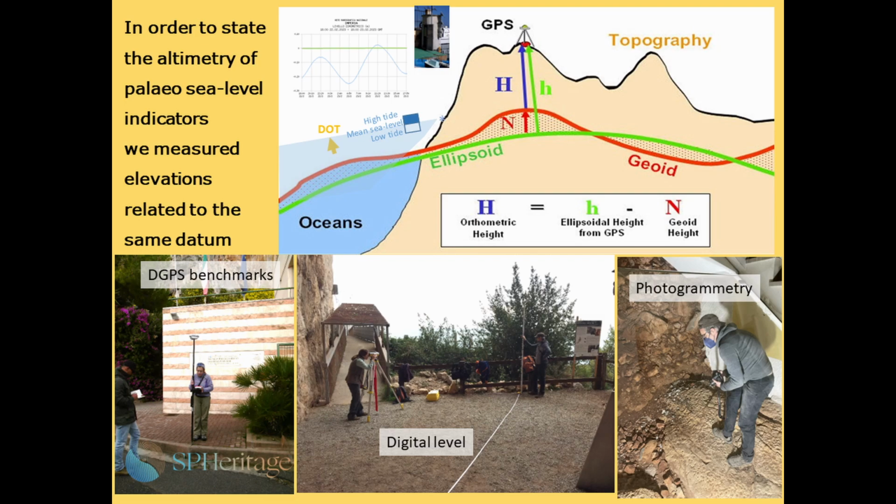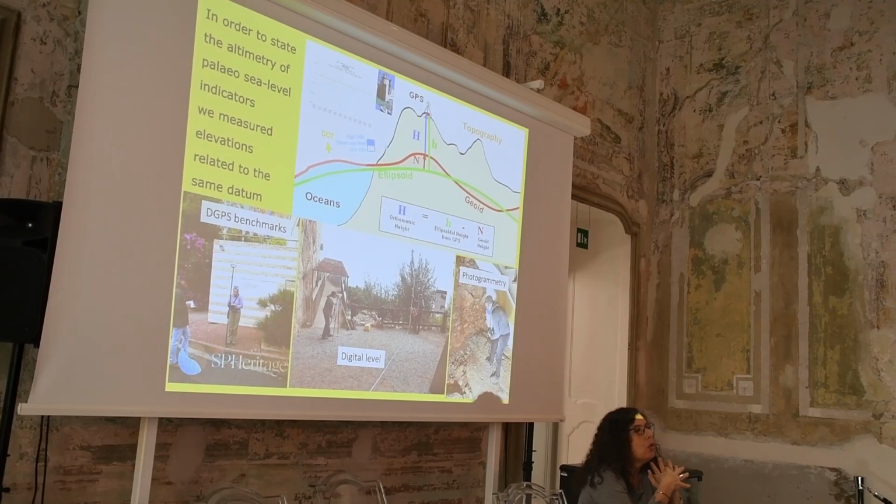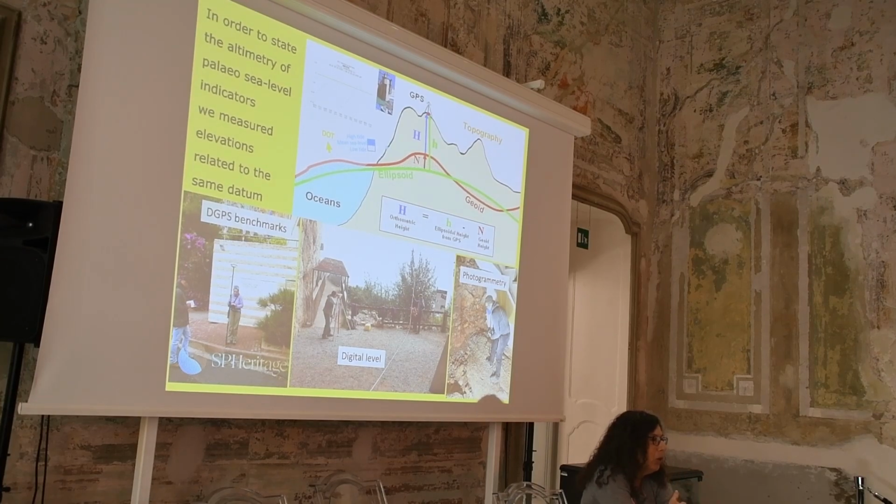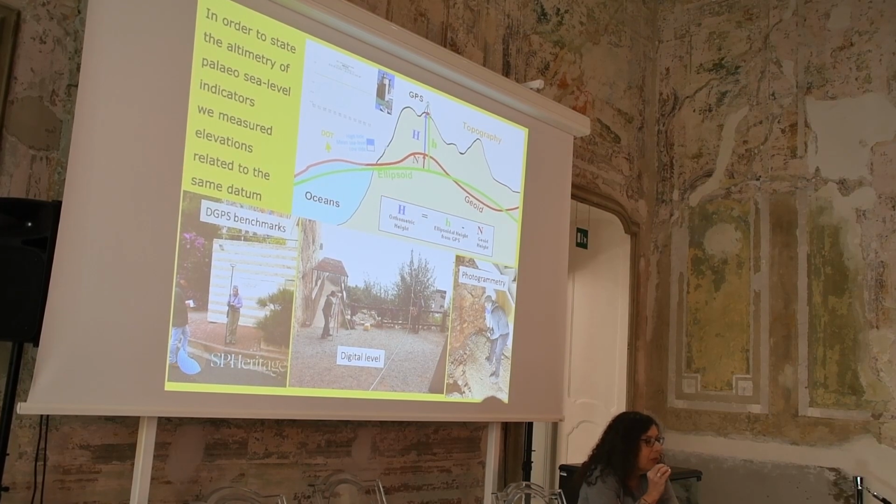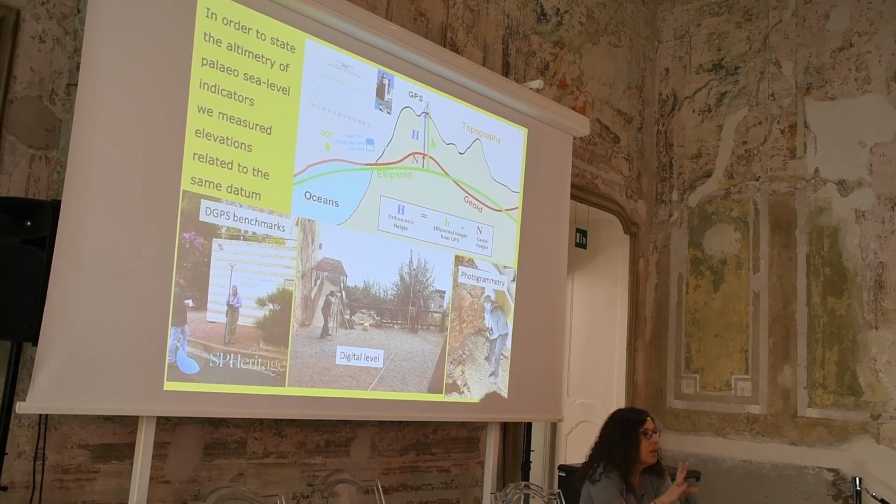We remeasured everything with modern techniques, so we needed to have a complete range of elevations of the submerged and of the emerged area. I'm not going to go into detail about this, but just to give you the idea that this is not straightforward. Assessing the elevation is something which is not straightforward. It requires a lot of work.